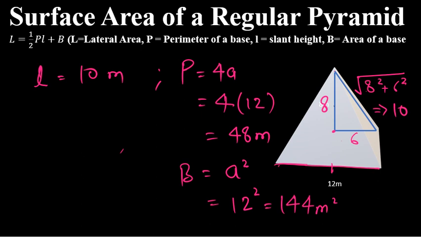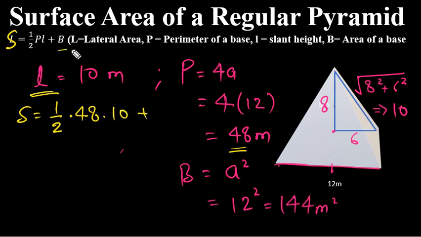Now we simply substitute in the formula. S is equal to 1/2 times the perimeter, 48, times the slant height we found from this triangle, 10, plus B, which is 144 from here.